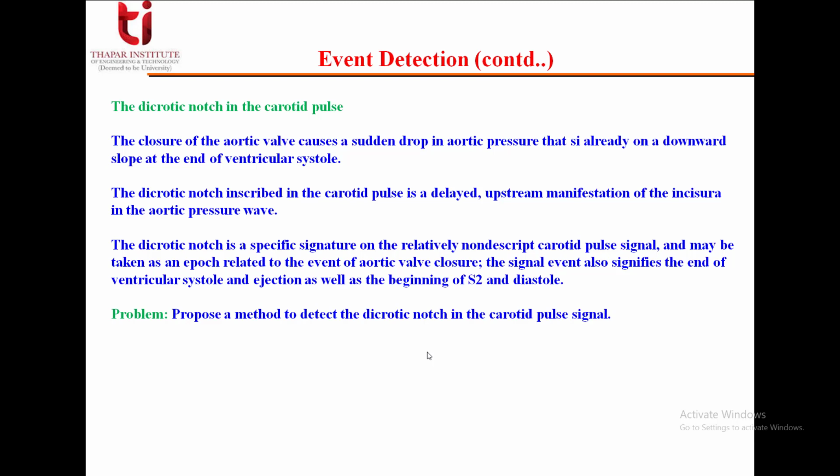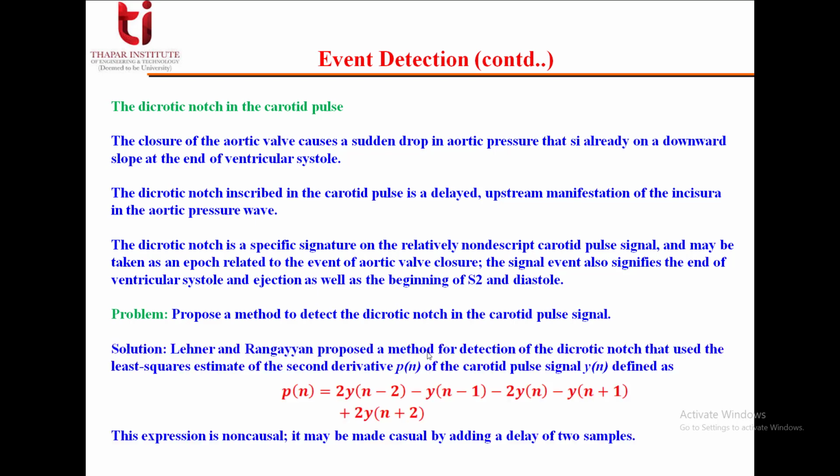So the problem is to detect the dicrotic notch in the carotid pulse signal. Lehner and Rangayyan proposed a method for detection of the dicrotic notch that used the least squares estimate of the second derivative, that is p[n], of the carotid pulse signal y[n], which can be defined as you can see in the equation: p[n] = 2y[n-2] - y[n-1] - 2y[n] - y[n+1] + 2y[n+2].